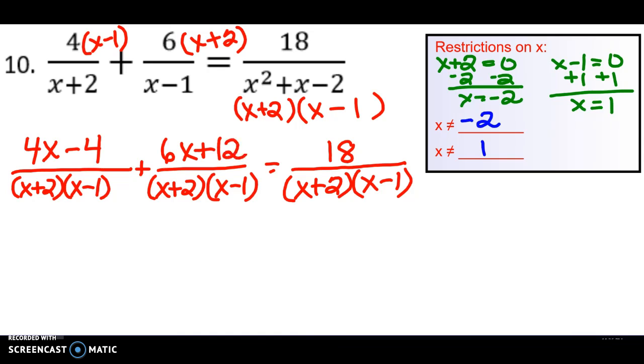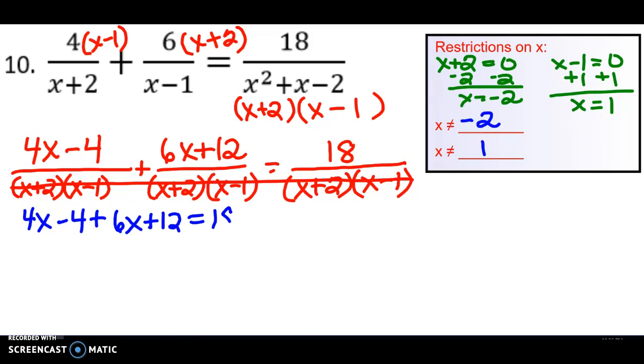And then remember, once you get the common denominator and you've done all your distributing and made it equivalent to the original equation, you can cross out that denominator. So now we're left with the equation 4x minus 4 plus 6x plus 12 equals 18. This is just a simple equation now that we need to solve.